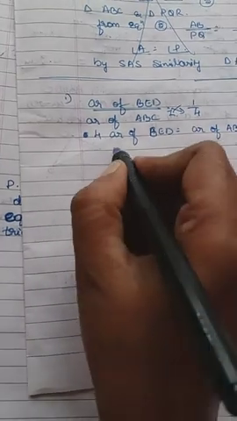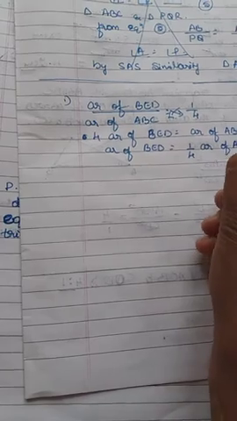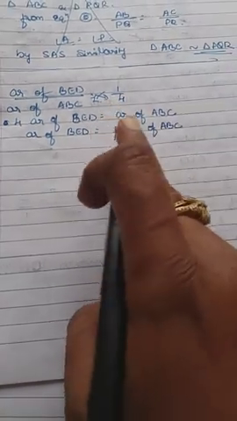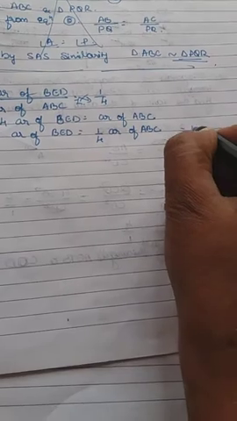Or, separating the area of triangle BED only, the area of triangle BED equals 1 by 4 area of triangle ABC. The value never changes, okay? Take this as 1.